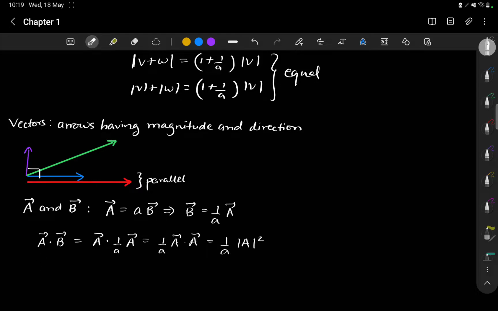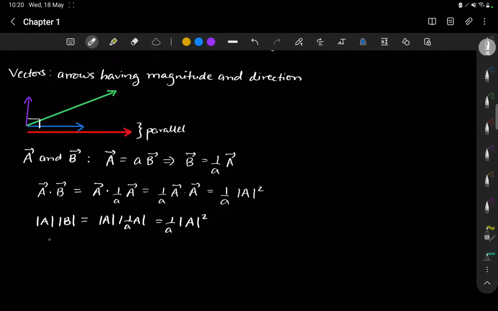The right hand side of the inequality wants us to find mod of A times mod of B, the norm or the length or the magnitude of A times the magnitude of B. This is nothing but mod of A times mod of 1 by A, which is 1 by A times mod A squared.